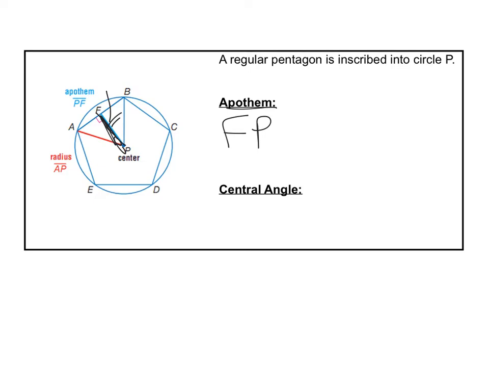That's different than PB or PA. FP is going to be your apothem, depending on who you talk to. The central angle would be angle APB. That's going to be your central angle, and that's going to be kind of important when you're starting to figure stuff out.